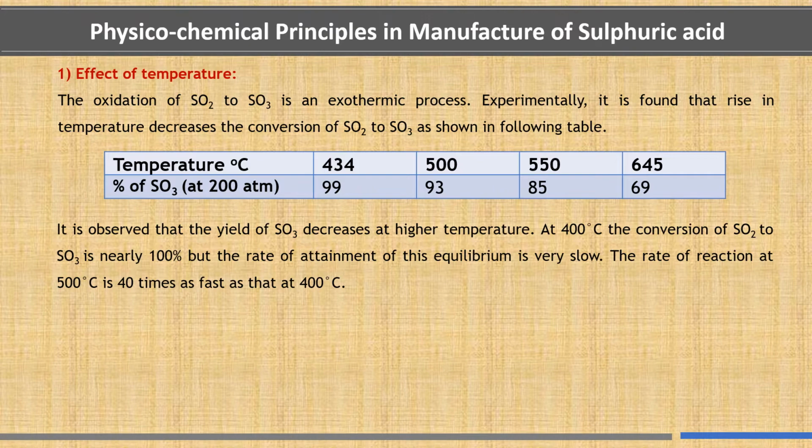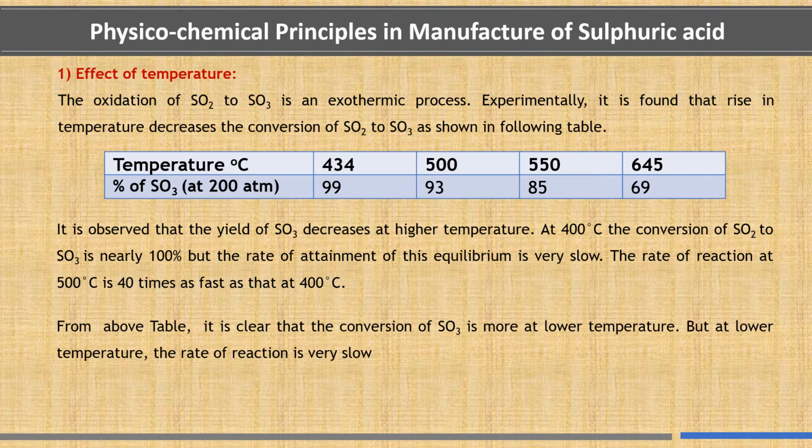At 400 degrees Celsius, the conversion of SO2 to SO3 is nearly 100%, but the rate of attainment of this equilibrium is very slow. Thus, the rate of reaction at 500 degrees Celsius is 40 times as fast as that at 400 degrees Celsius.